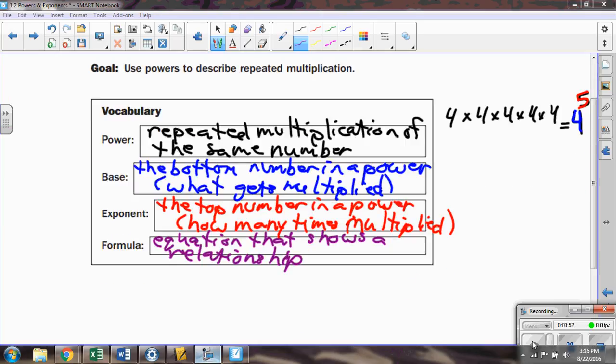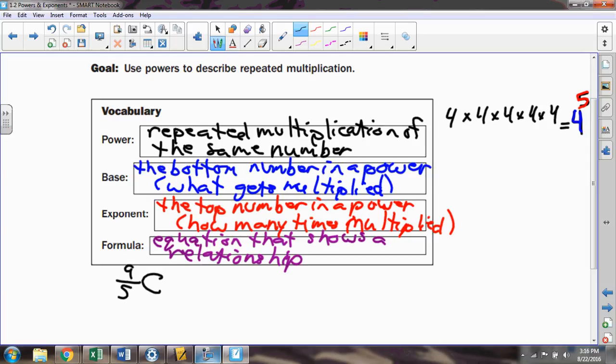And of course, there are many, many kinds of formulas. Some of them that you may have worked with before. We can convert back and forth between Celsius and Fahrenheit, where you can take the temperature in Celsius, multiply it by the fraction 9/5, then add on 32, and that will give you the temperature measured in Fahrenheit. There is a formula that shows the relationship for temperature in these two different measurement systems.